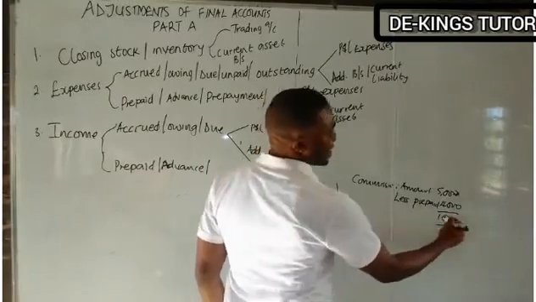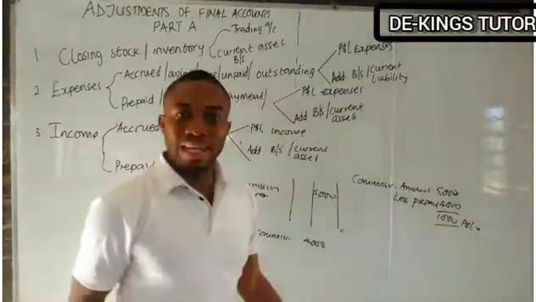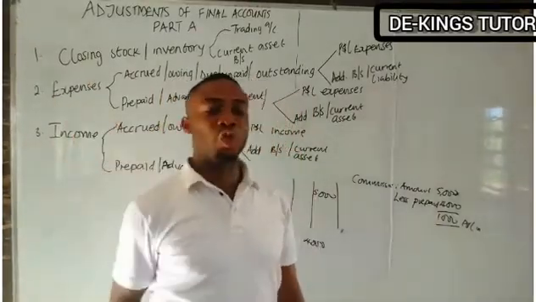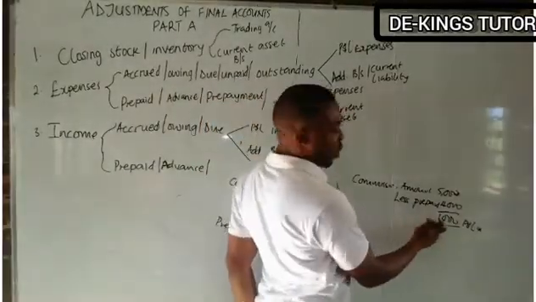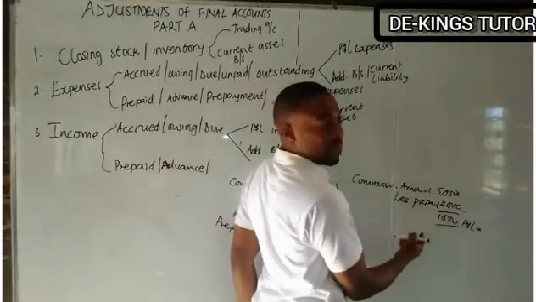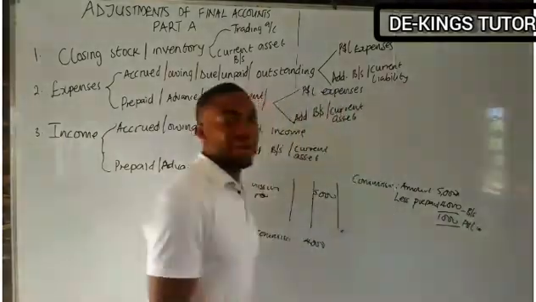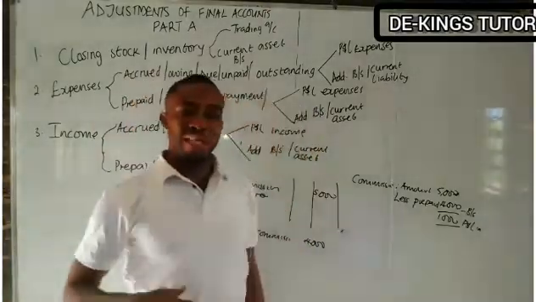So this 1,000 is what will go to profit or loss as income. This is the amount that is due for that present time. This 4,000 is for a subsequent period. So this amount will go to profit or loss as income, while the 4,000 under additional information will go to the balance sheet as a current liability. Why? Because the time to earn that money has not come.